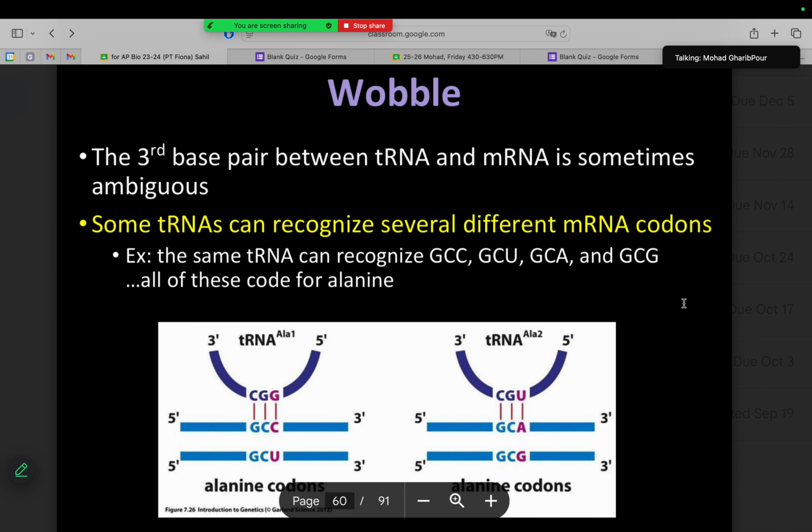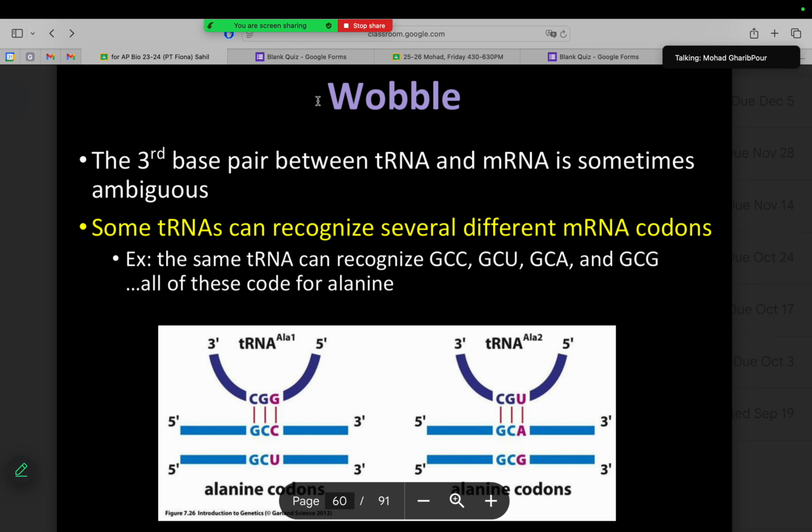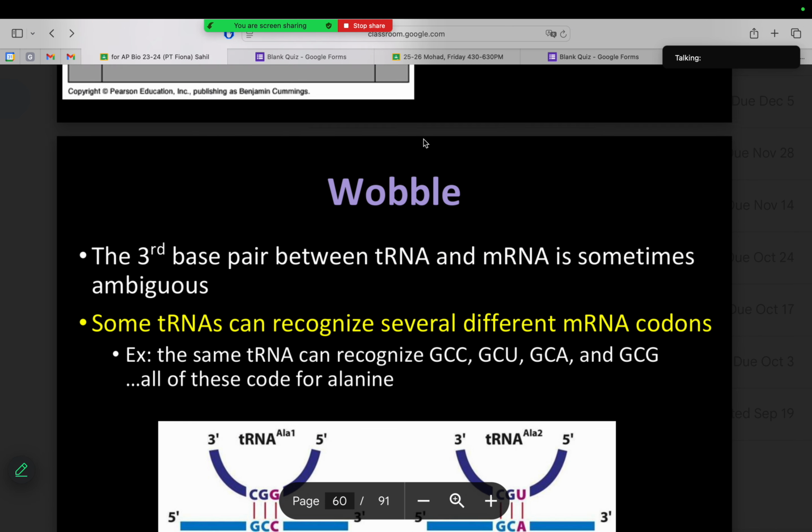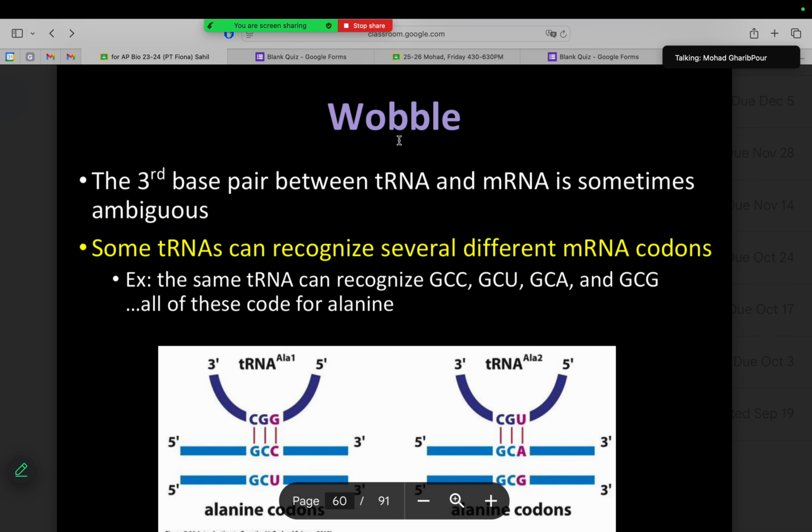Okay, now the wobble effect is what introduces redundancy. The third base pair between tRNA and mRNA is sometimes ambiguous. So this ambiguity causes what?